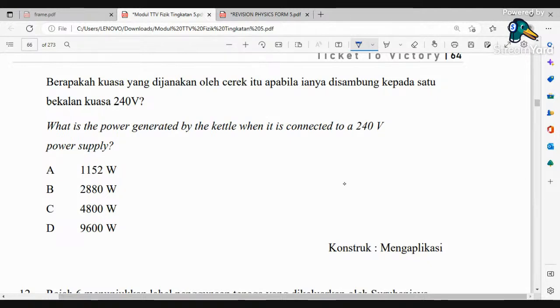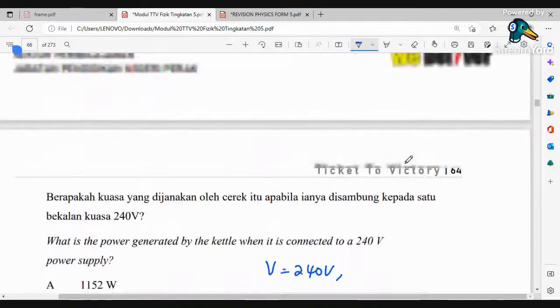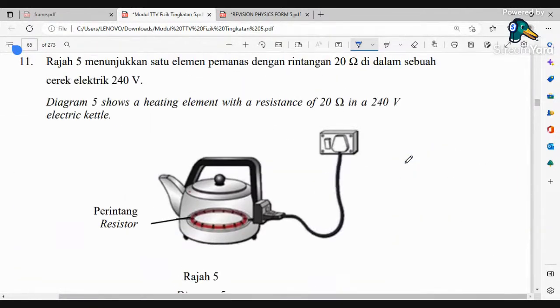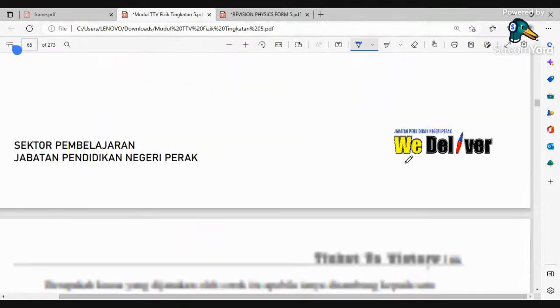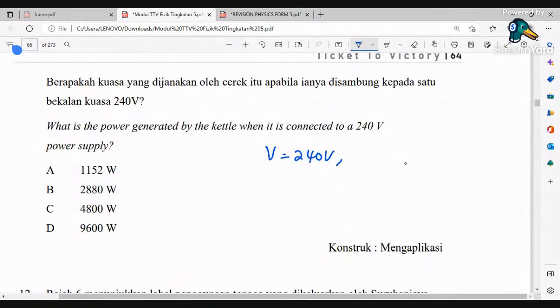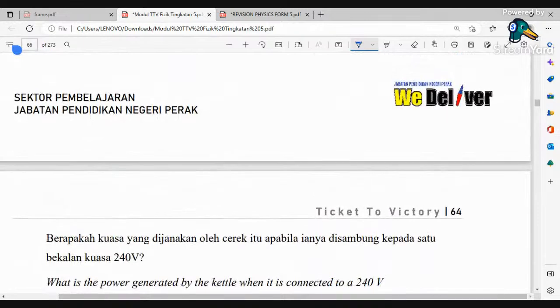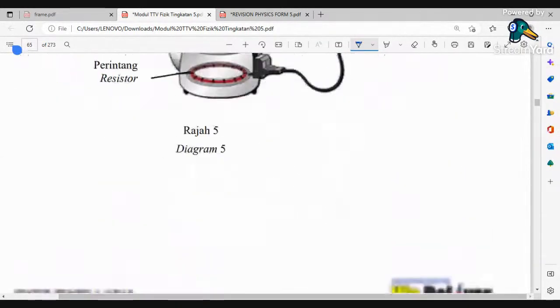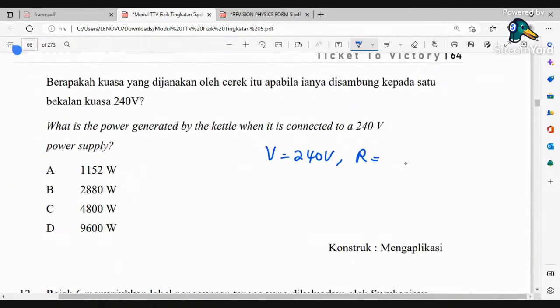Okay, given ialah you ada voltage. So you have another one given which is resistance, apa ohm tadi? 20.